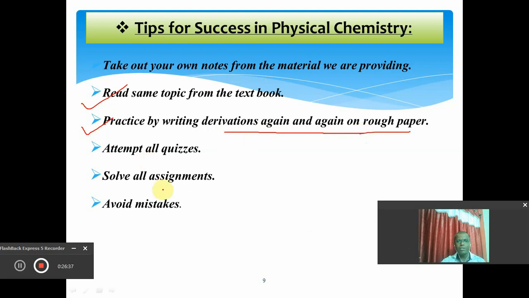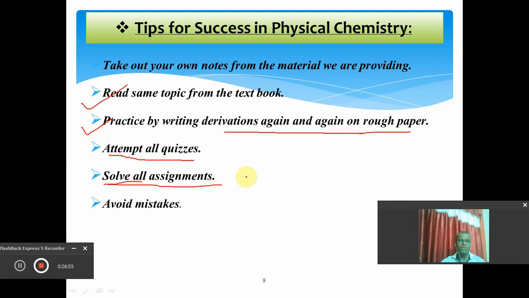Again, at the end of each topic, at the end of each unit, we are going to conduct some quizzes as a test. So you attempt all these quizzes. Again, we are going to give you some assignments based upon the same topic.